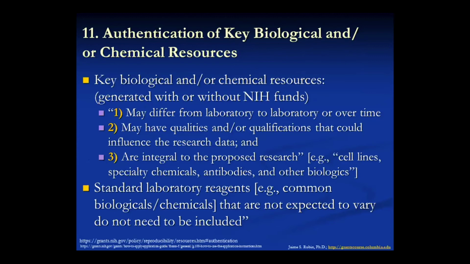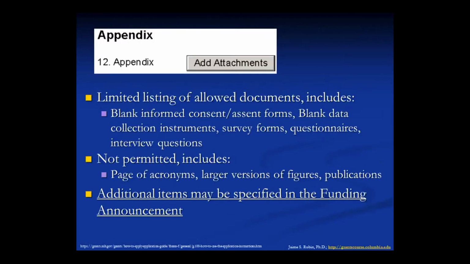But anything that might differ from lab to lab or might differ over time, where the qualities or qualifications could influence the research results and the research data, and are integral to proposed research, cell lines, antibodies, specialty chemicals, and so forth. And usually one page is recommended.